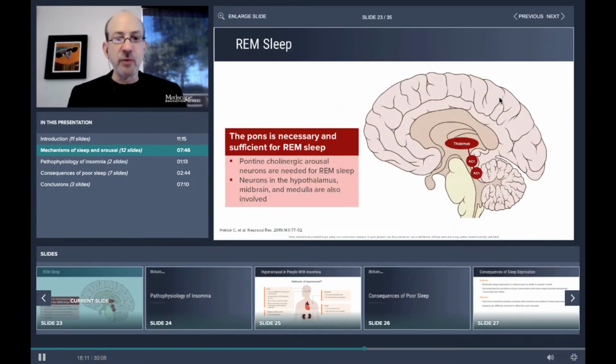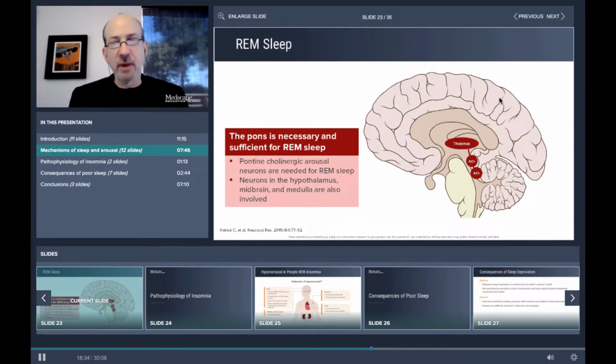Now, REM sleep is a unique state, and it has unique features like temperature regulation ceases, and sexual arousal occurs starting in utero every night, and during sleep dreams happen, and other remarkable phenomena that are unique to this state.